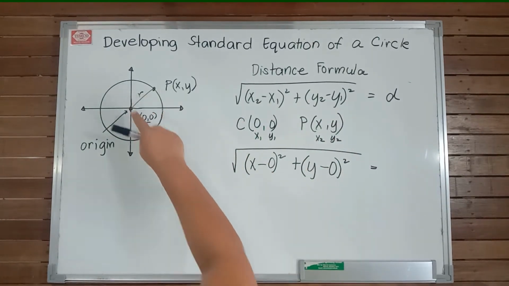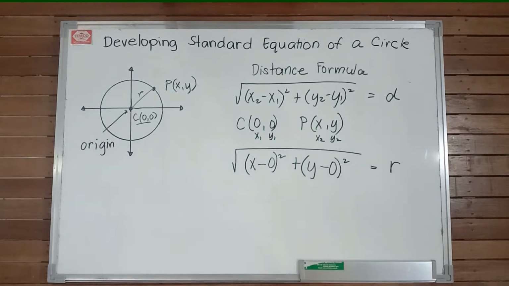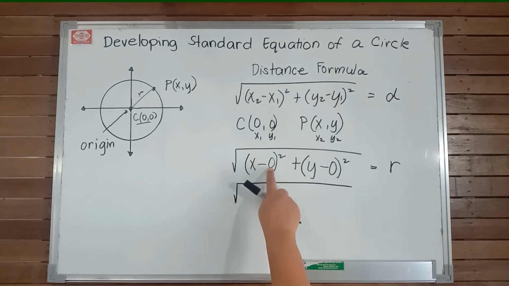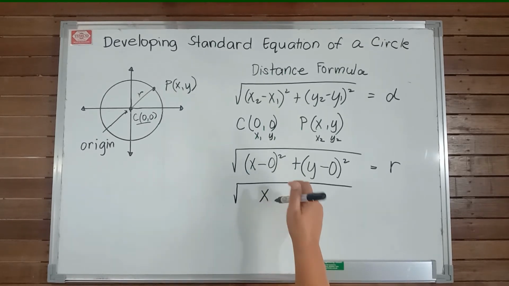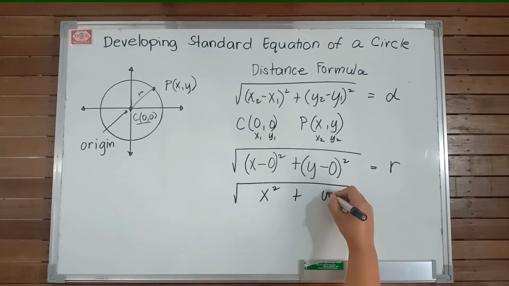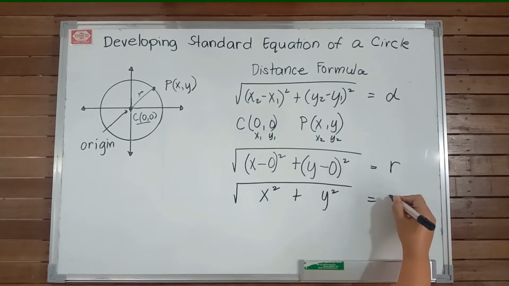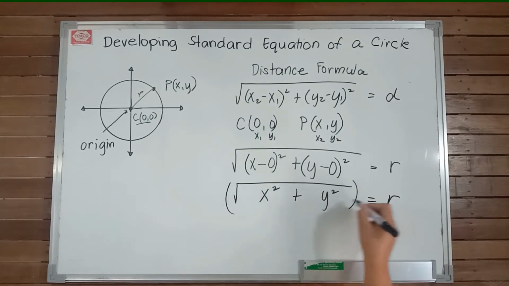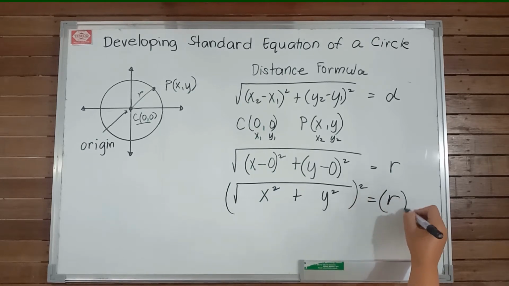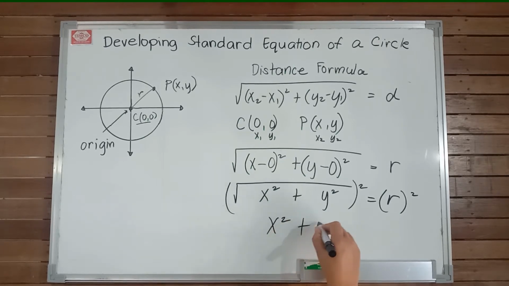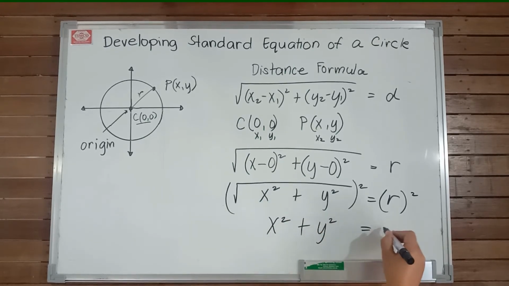The distance is the radius because we are solving for the distance between the center and point P. So, manipulating the equation, we have the square root of x minus 0, which is x, squared plus y minus 0, which is y, squared equals r. We square both sides of the equation so that we can remove the square root or the radical. So we have x squared plus y squared equals r squared.